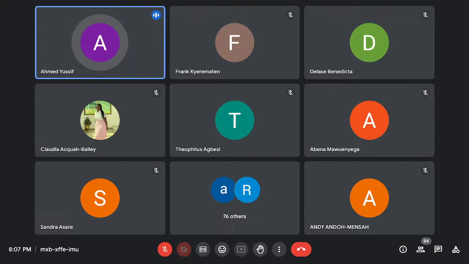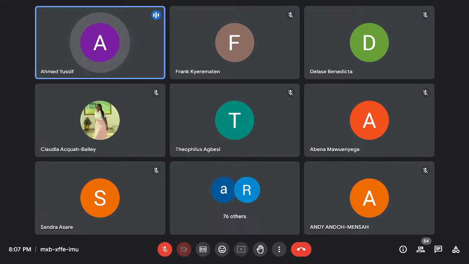For heparin-induced thrombocytopenia, we have two subtypes. We have type 1 heparin-induced thrombocytopenia, and we have type 2 heparin-induced thrombocytopenia. So let's take note of that. Type 1 heparin-induced thrombocytopenia and type 2.